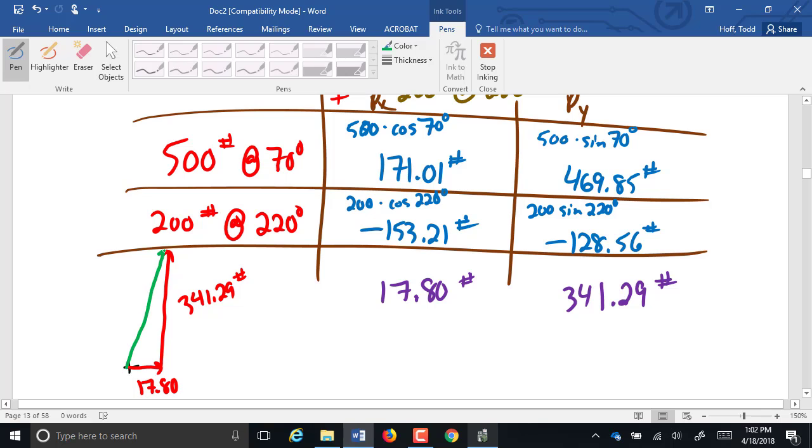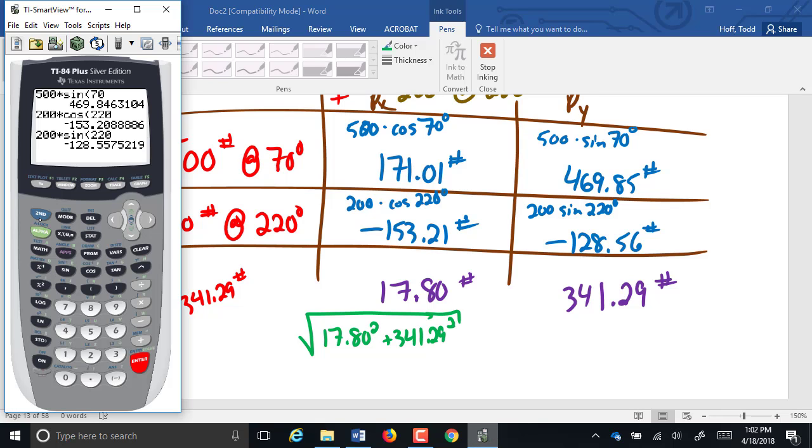So this magnitude here is the square root of 17.80 squared plus 341.29 squared, which is 341.75.